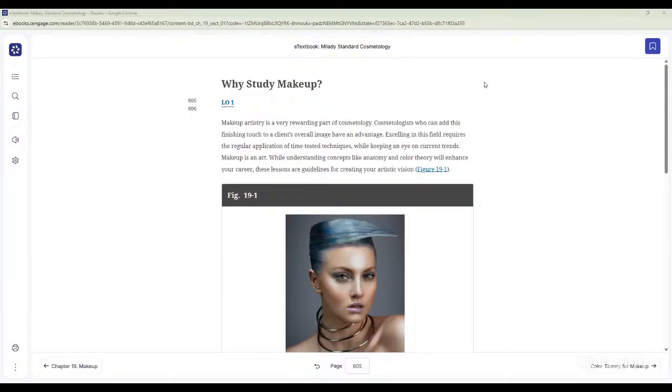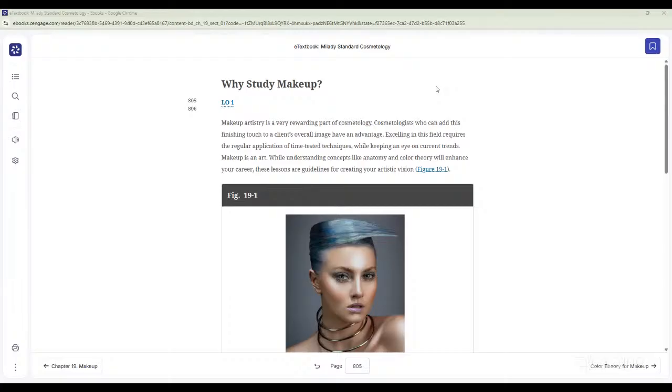And then you have makeup. So I definitely think makeup artists, some percentage of them, will take advantage and move into doing skincare and things of that nature because it just comes together. So stay on the lookout for updates on that.